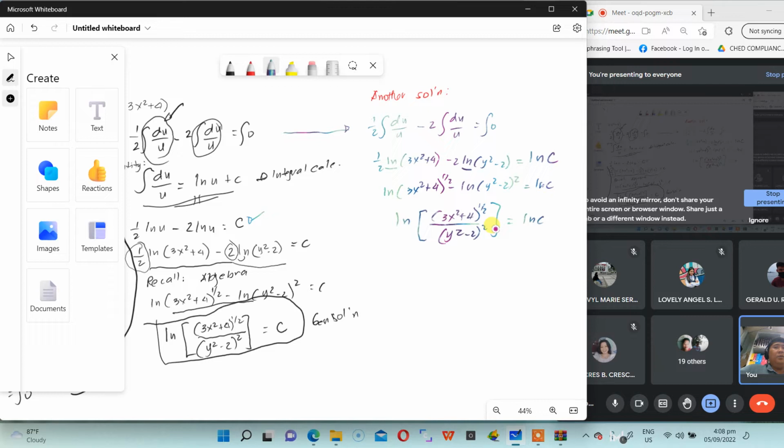equals ln C. Now, another recall of your natural logarithm. When you transfer an ln to the other side, it's not like ln C over ln. That is wrong. It should be like this: when ln is transposed to the other side, it becomes exponential.